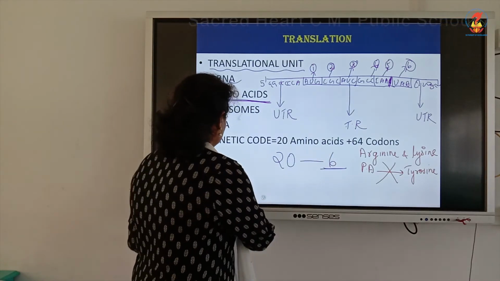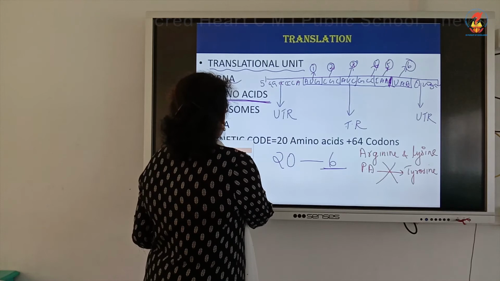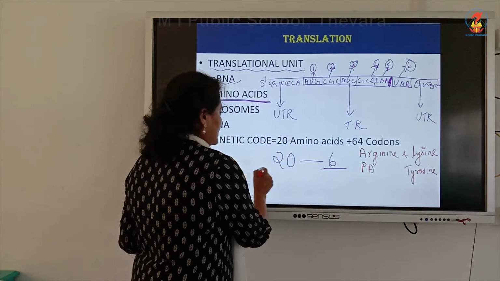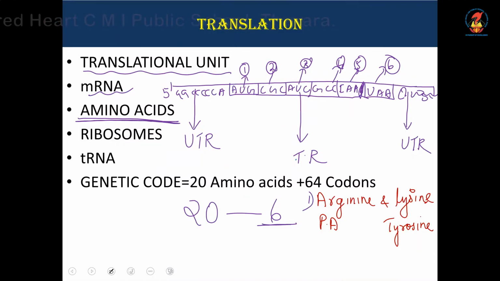So, here we are learning two more amino acids, phenylalanine and tyrosine. I am listing 1, 2, 3, 4. Again 2 more amino acids we have learnt with respect to sickle cell anemia, 5 and 6.